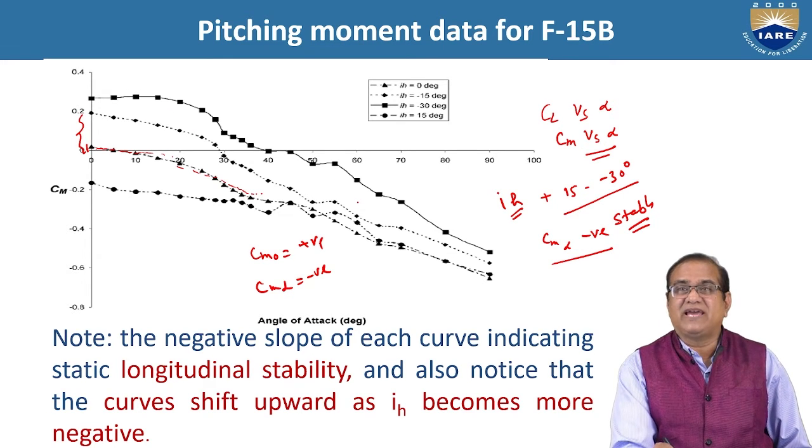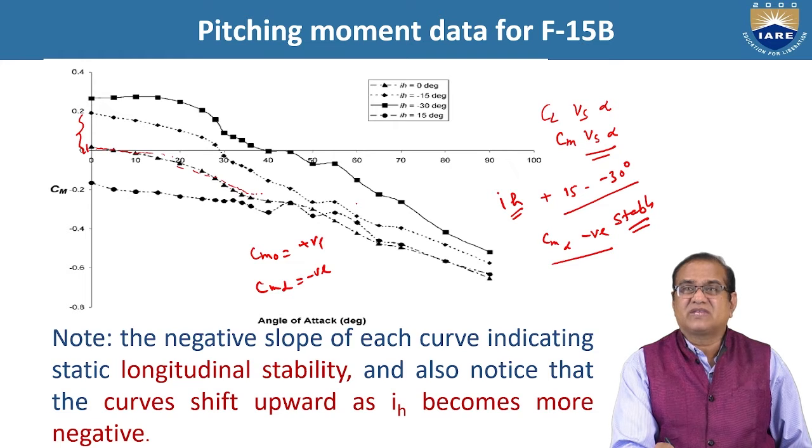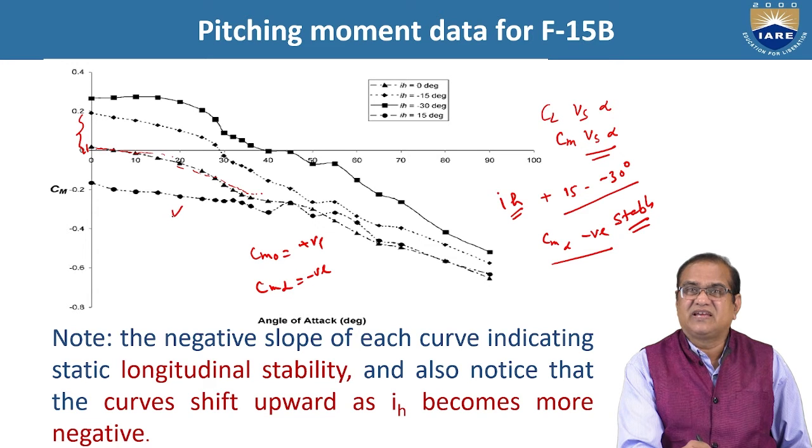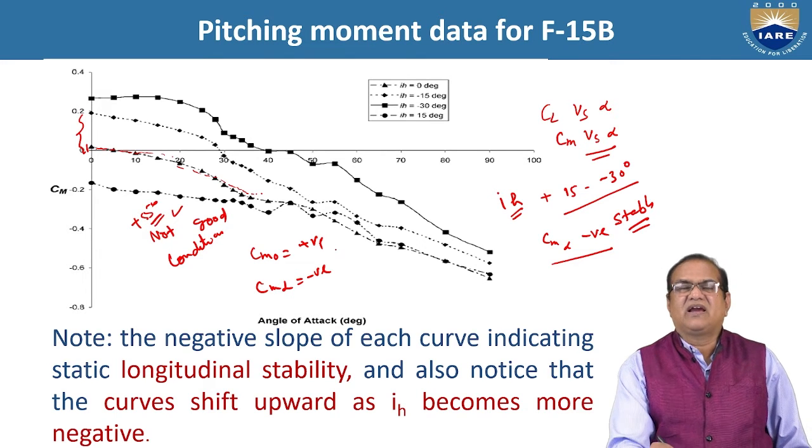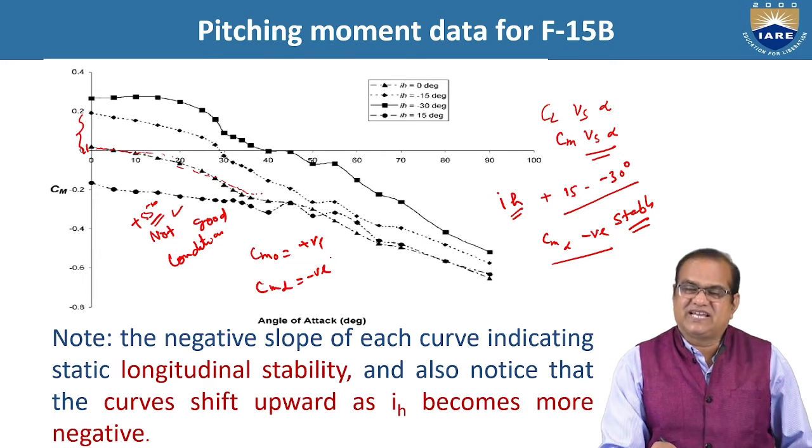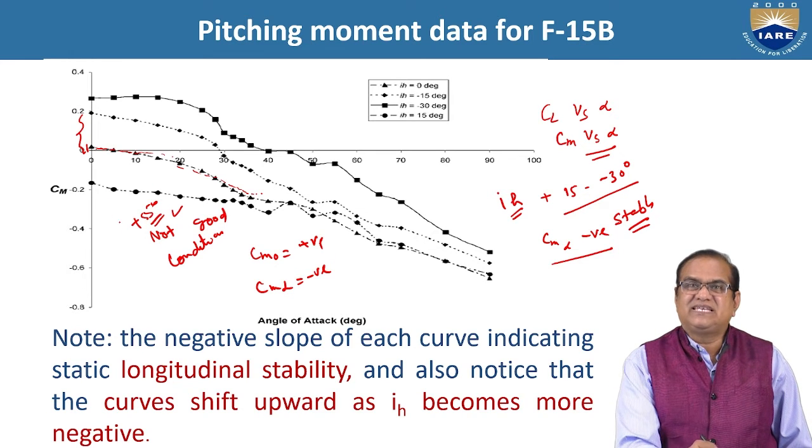So we should apply some incidence. You see, this is the plus 15 degree. This 15 degree is not a fit condition, not a good condition. Plus 15 degree angle of incidence is not good because Cm naught is negative.